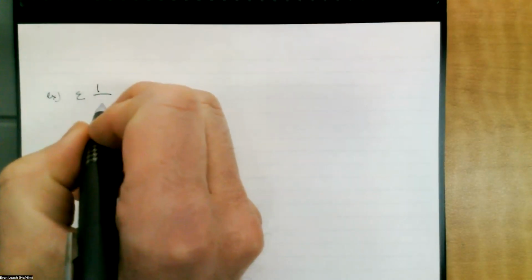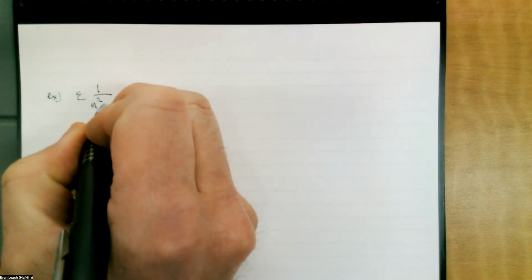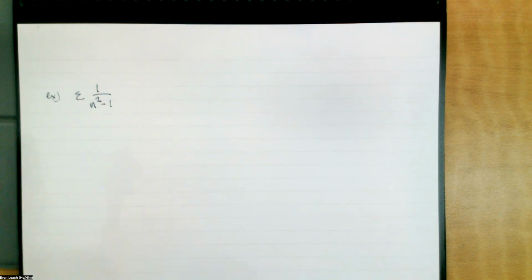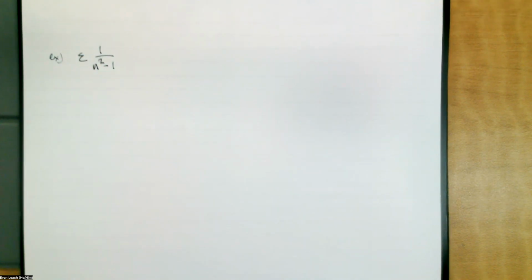So as a variation on this theme, just going to use the simplest one as usual. In this case, we should be thinking that this series converges by comparison with the series 1 over n squared.